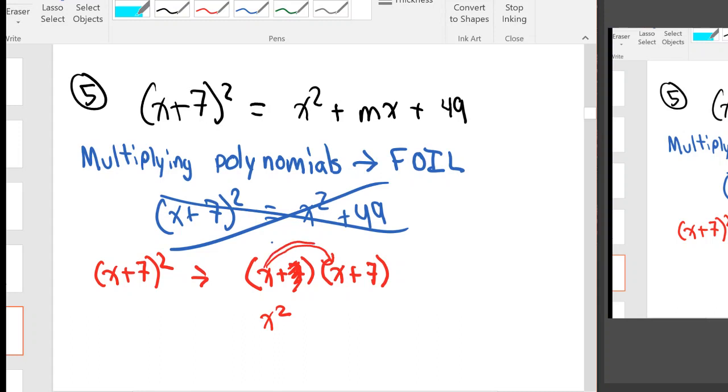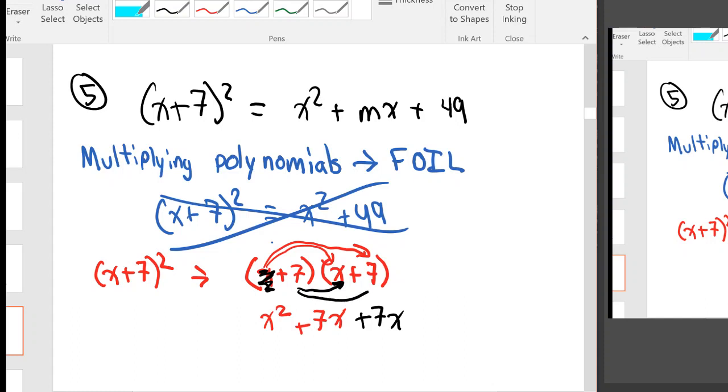And then I'm going to do x times this 7, because that would be the distributive property. That's giving me 7x. Now I'm going to uncover this 7 for a second. And I'm going to cover up the x instead and use the distributive property. It would be 7 times x, so that's plus 7x.